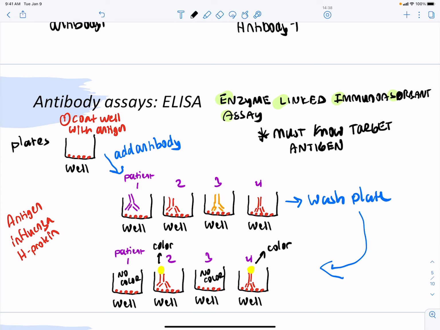You might not. But you wouldn't know what protein they were actually binding to. You wouldn't know if they're binding to the hemagglutinin. You wouldn't know if they're binding to neuraminidase. And there's a lot of cross-reactivity in these culture plates especially. There's a lot of background. So it's very important to have a very specific antigen that you're looking for a very specific antibody response to when you're doing an ELISA.